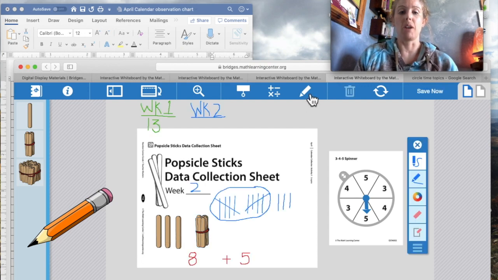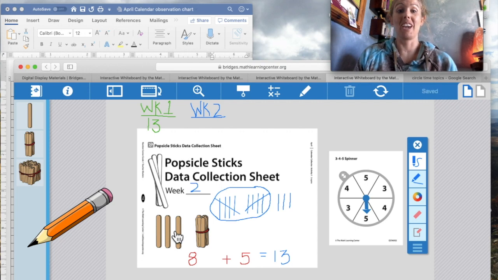Let's bring back our writing. So here we have 8 plus 5. It does equal 13. But what is another way we can make 13 by our new 10 bundle and 3 more?